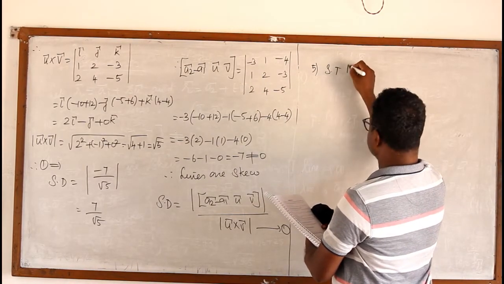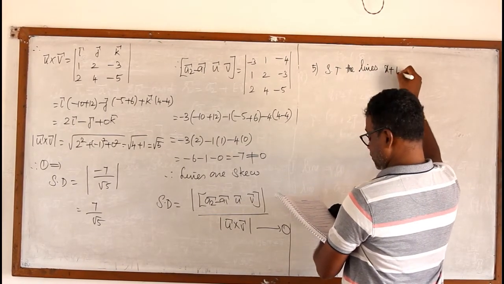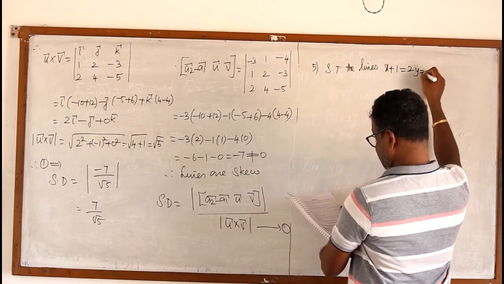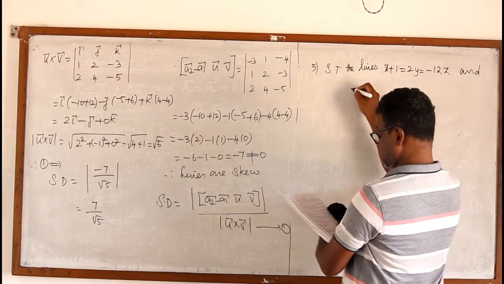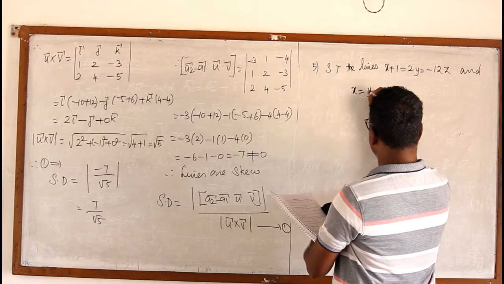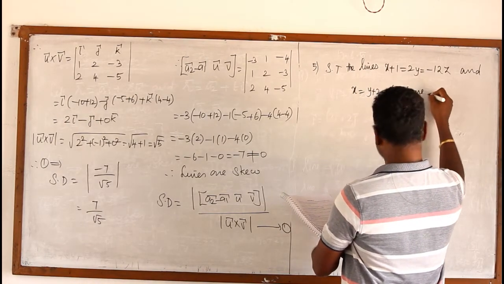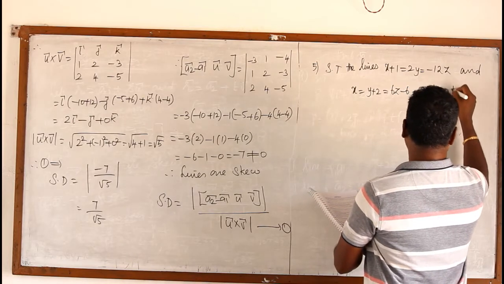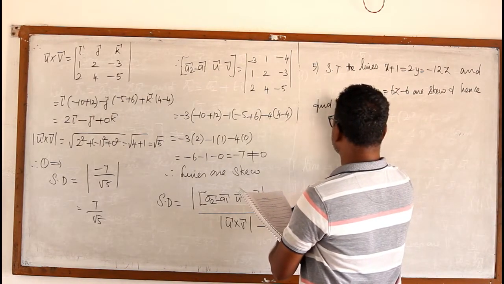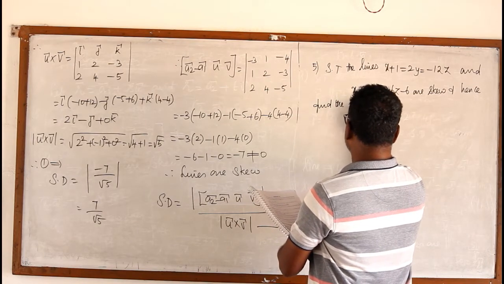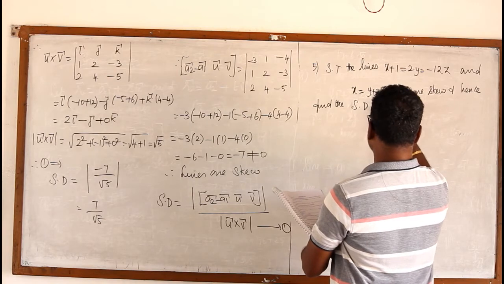Show that the lines x plus 1 equal to 2y equal to z minus 12 are skewed, and hence find the point of shortest distance between them.